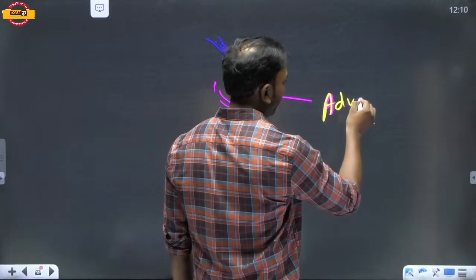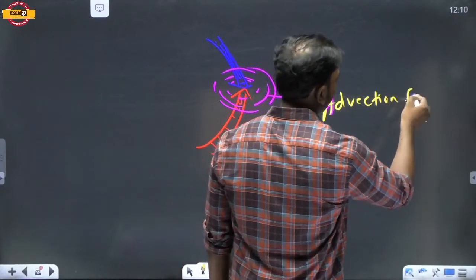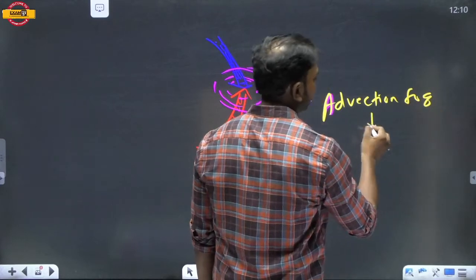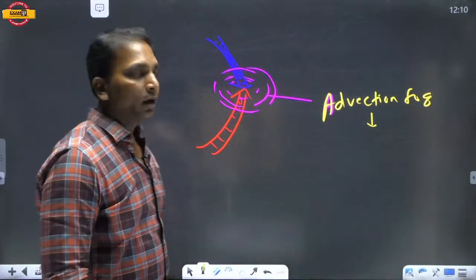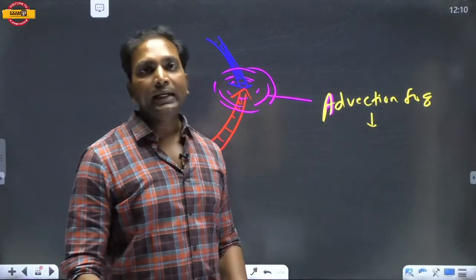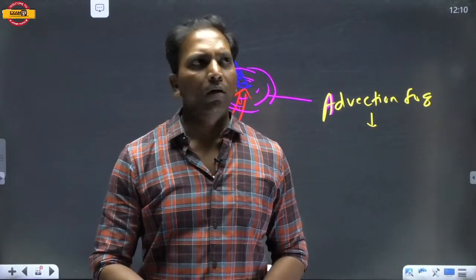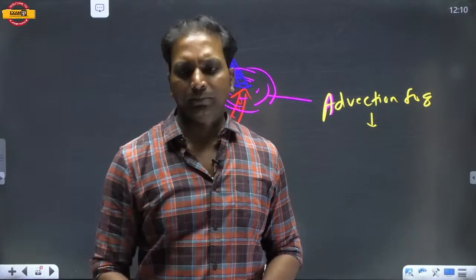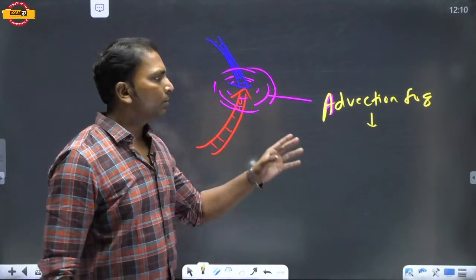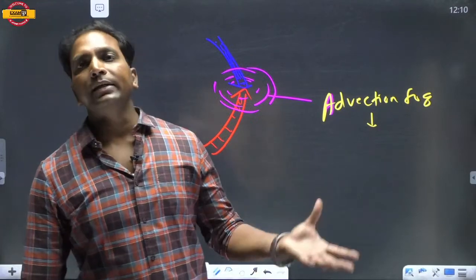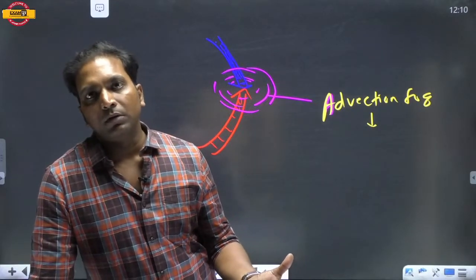Now you see the advection fog will form at this place, and due to this the Titanic ship sank into the Atlantic Ocean almost in 1912 or thereabouts. Okay, so why did the Titanic sink?